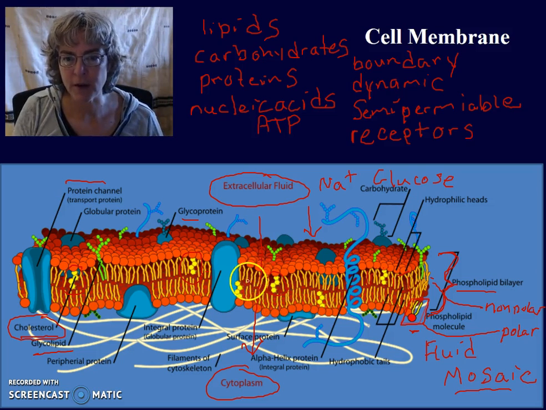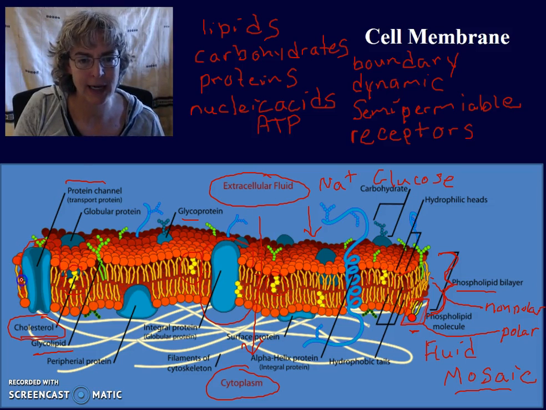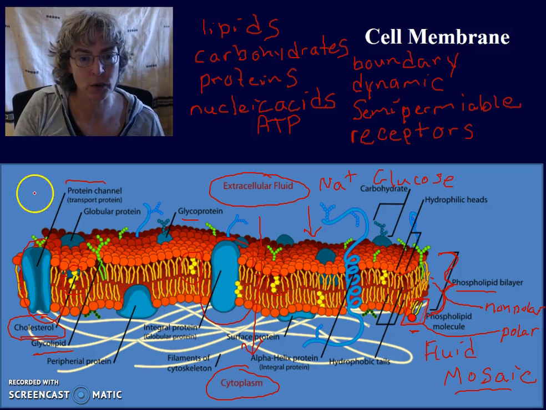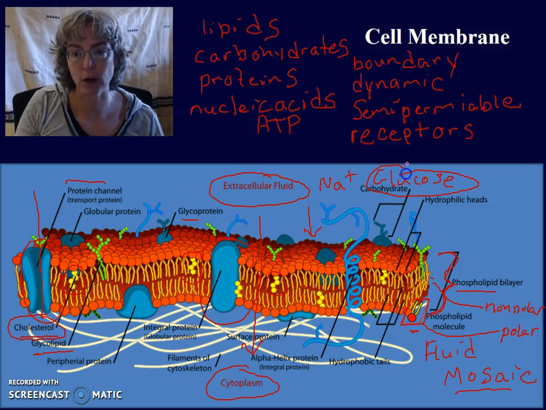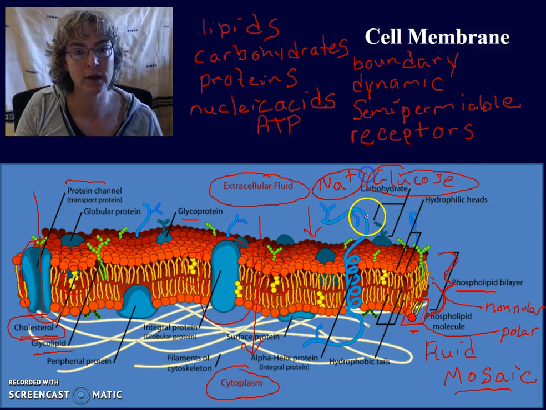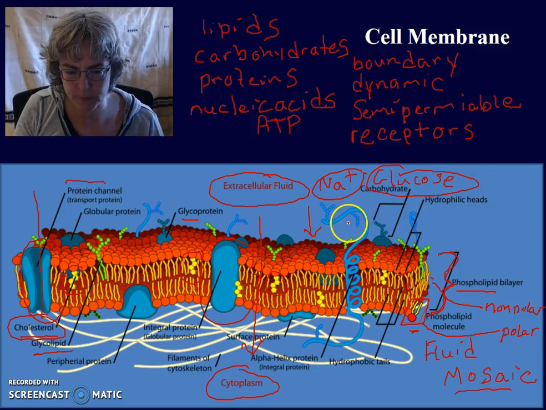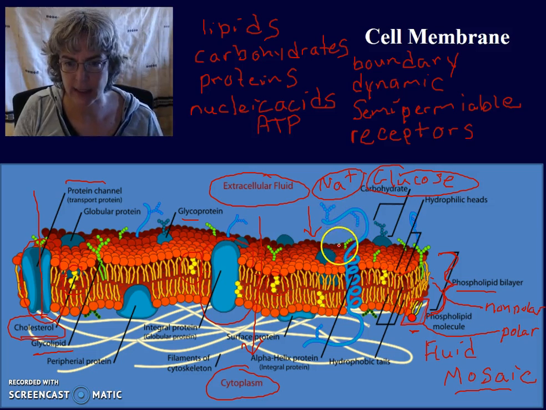Okay. The other thing that's really important in a cell membrane are the proteins. So these right here, they can act as channels or pumps to allow molecules to get through that are either too big, like our glucose, or are charged, like our sodium ion. They can also act as attachments.